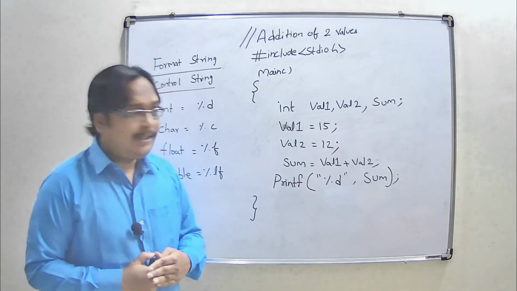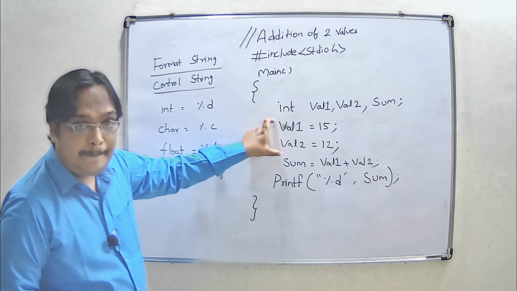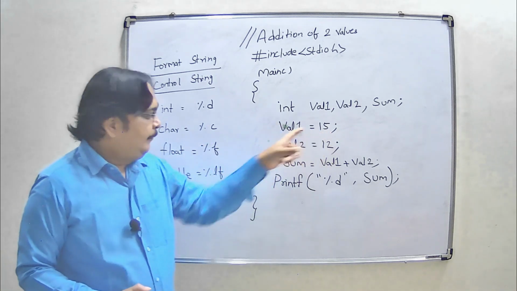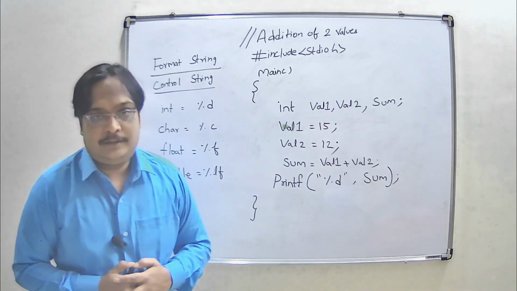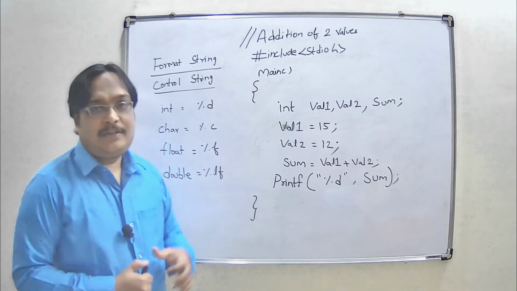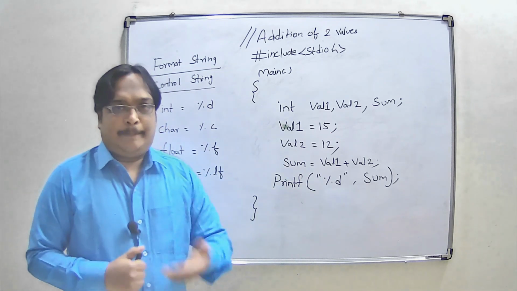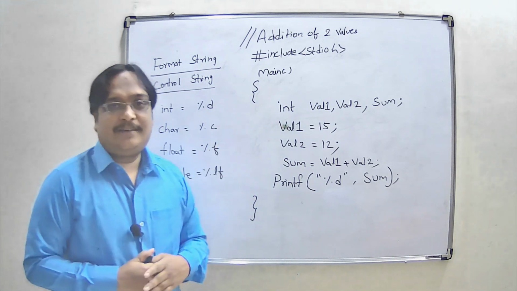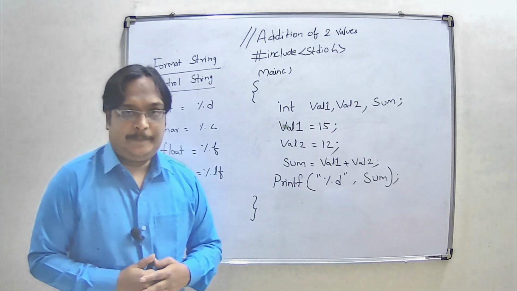What we mean by static input is, if you assign the values within the program at compile time only, so value1 is equal to 15, value2 is equal to 12, directly given in the program, this type of input is called static input. In the upcoming class, we will discuss dynamic input, the disadvantages of static input, and we will go for dynamic programming.